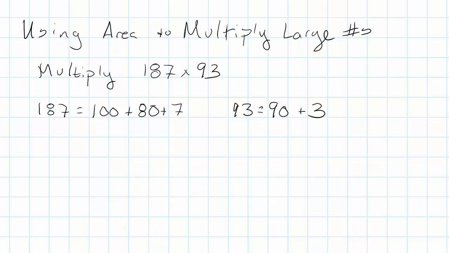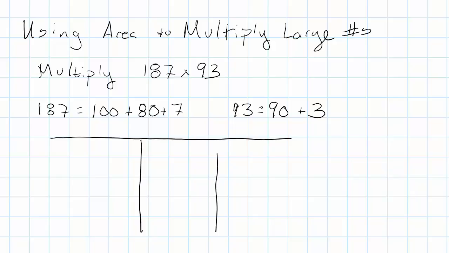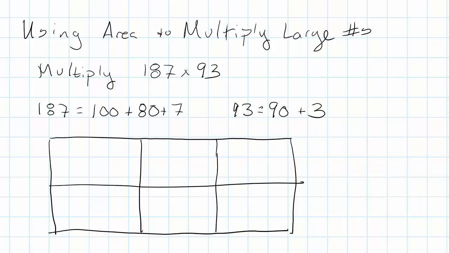So if we want to imagine a rectangle that's 187 wide, of course my page isn't really big enough to draw that, but I can kind of flub it, not to scale, but imagine we have 100, 8 tens, and 7 ones.